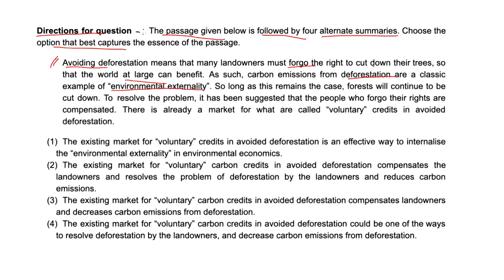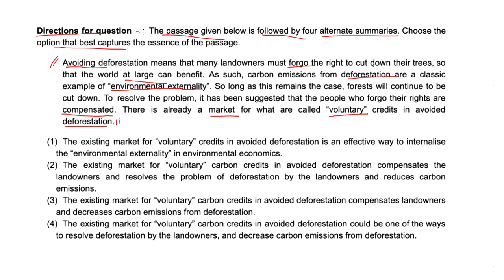So long as this remains the case, forests will continue to be cut down. To resolve the problem, it has been suggested that the people who forgo their rights are compensated. There is already a market for what are called voluntary credits in avoided deforestation.